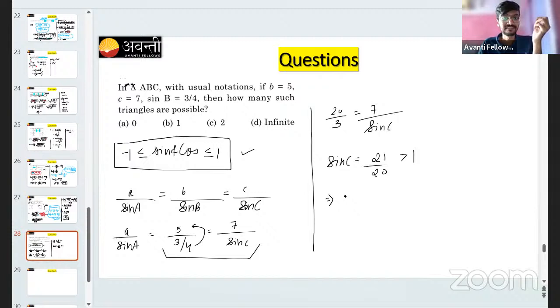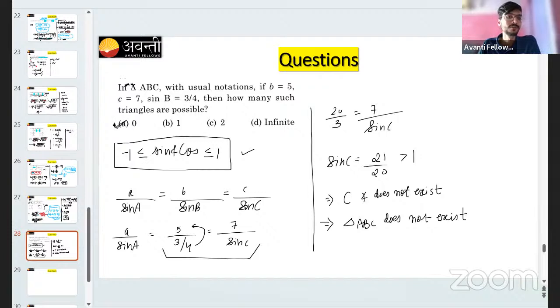That means angle C does not exist, and that means triangle ABC does not exist. So how many triangles are possible? 0, because sin C came greater than 1.